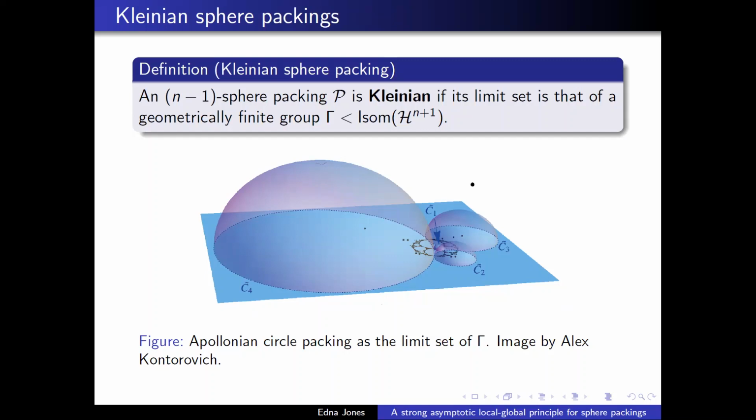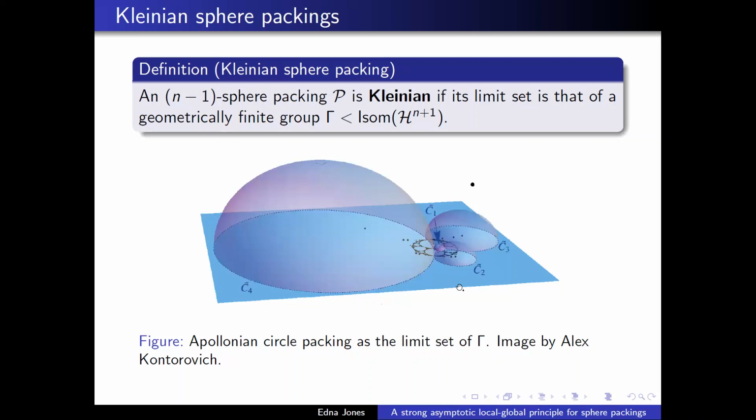So that's saying a lot. So in this particular picture, our group gamma is generated by reflections through these hemispheres. And if you look here on the right, it kind of looks like you have a circle packing there, right?